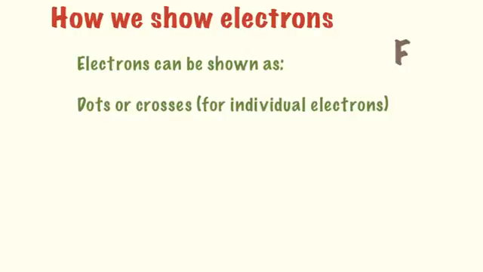So let's see how they could pattern in. We could have them equally spaced around, but I'm going to suggest you start to think about putting them in pairs, because when we do around an atom, we tend to find that pairs of electrons tend to be very useful for us to consider.